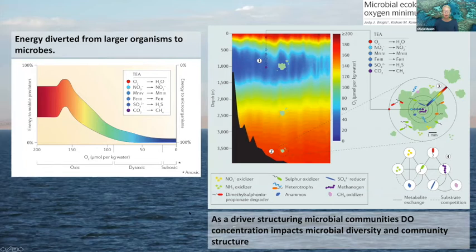All right, so if we again just think more globally of what happens in oxygen minimum zones, one manifestation is basically the energy is shunted away from larger organisms towards microbes, right? When you have oxic conditions, you have a large portion of the energy going to mobile predators.